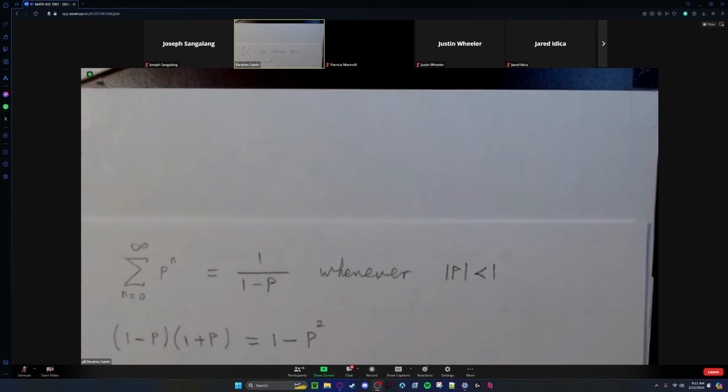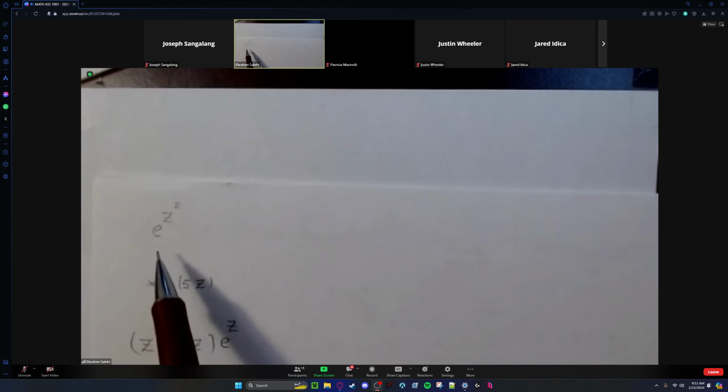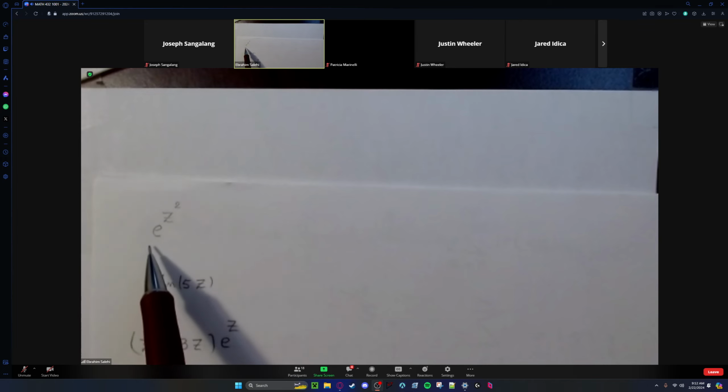So one of our goals is, given a function, see, this is not a power series, right?